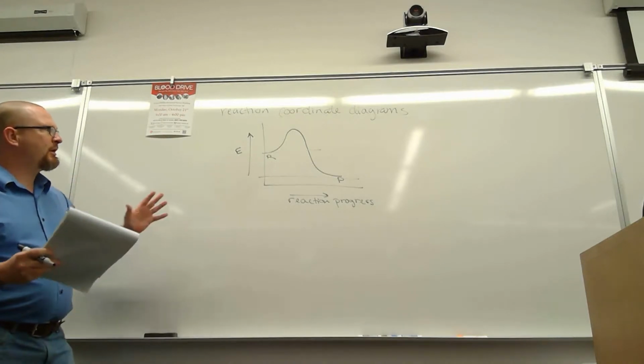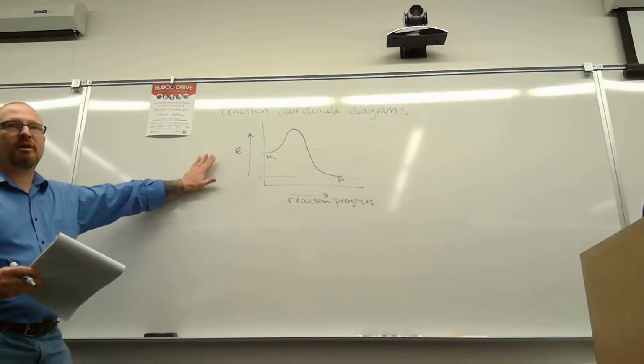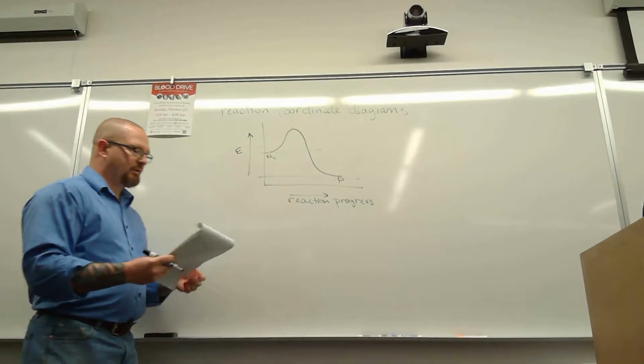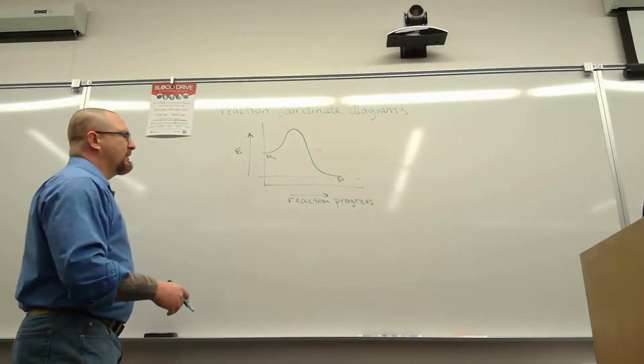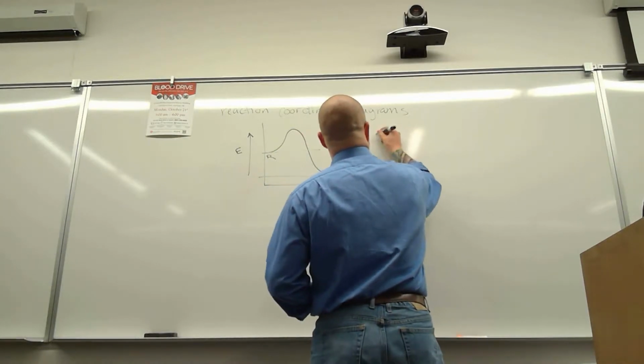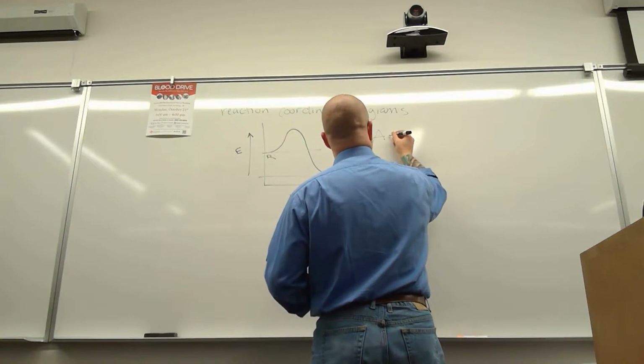And what we're going to talk through is, what does this look like in terms of a mechanism? What points of a mechanism correspond to these different points in a reaction coordinate diagram? So let's say we're doing some reaction where we have reactants.